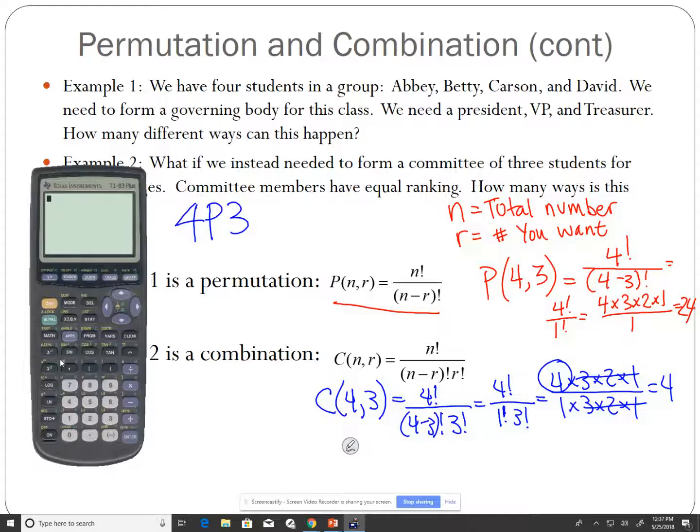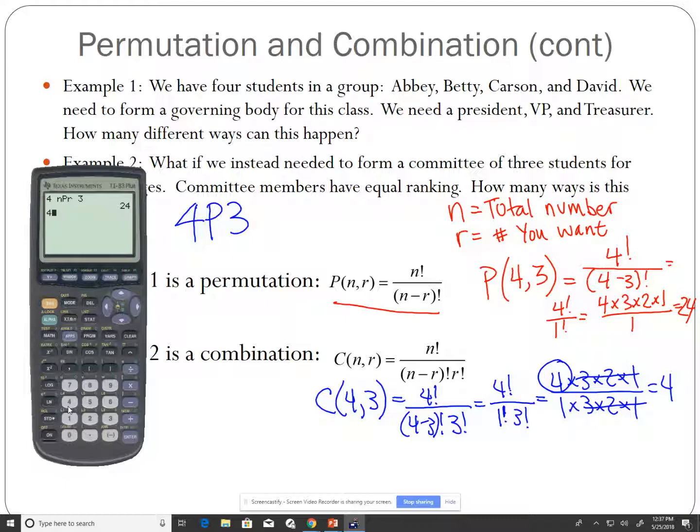This is what it looks like in your calculator. So I'm going to push 4, math, scroll over to probability. There's your NPR, permutation, enter, and then you add that second number, your R number, and we got 24.